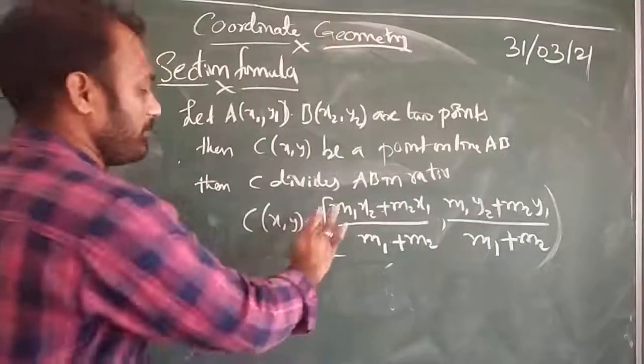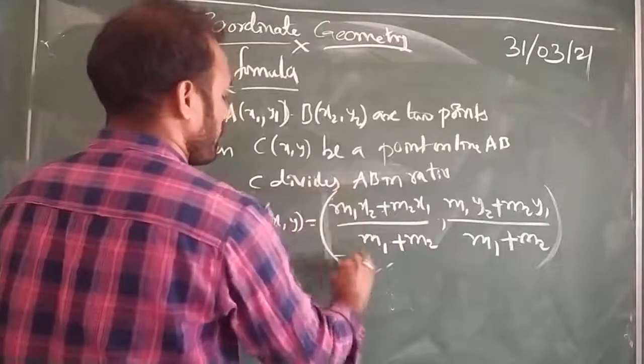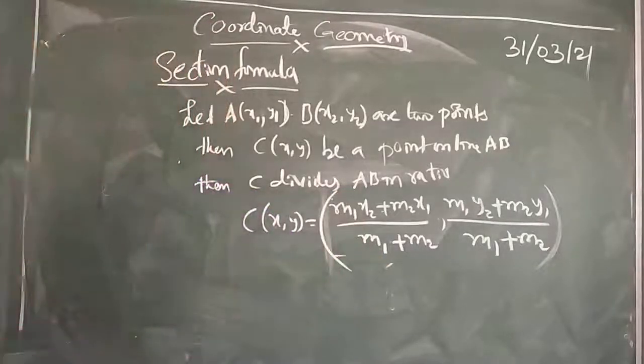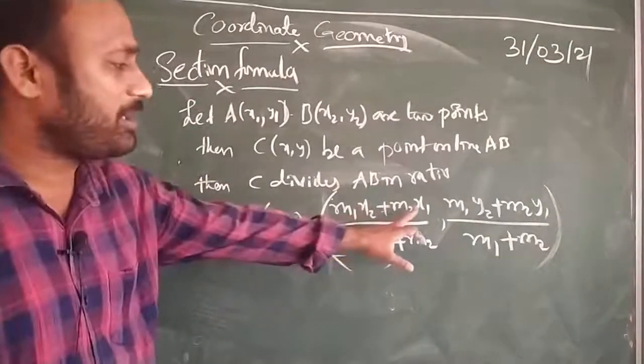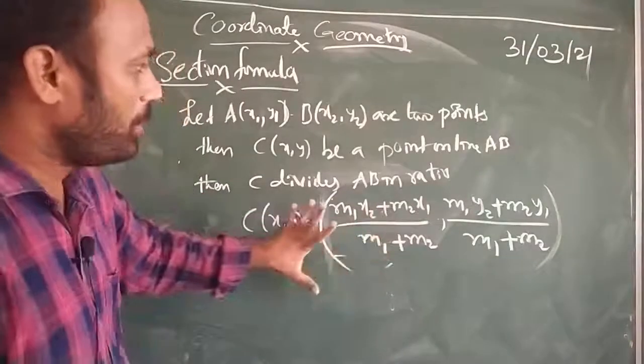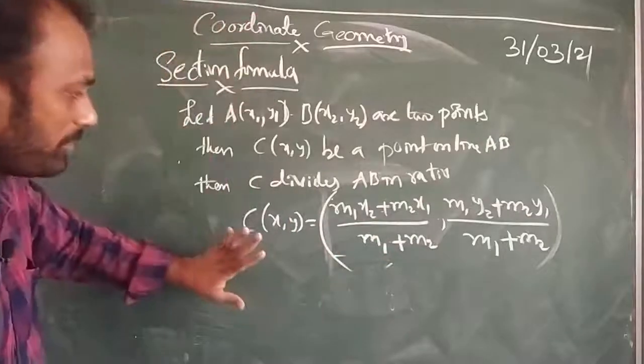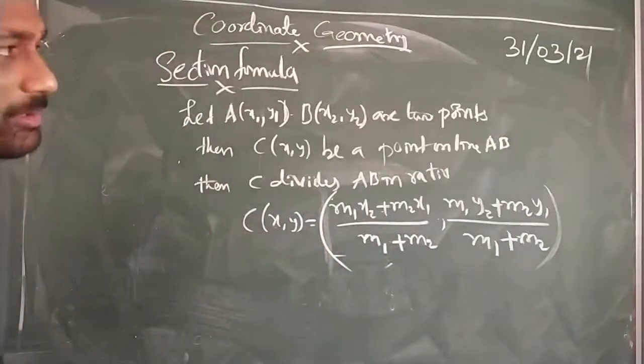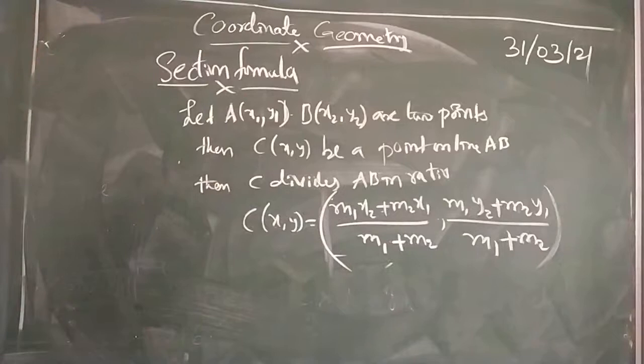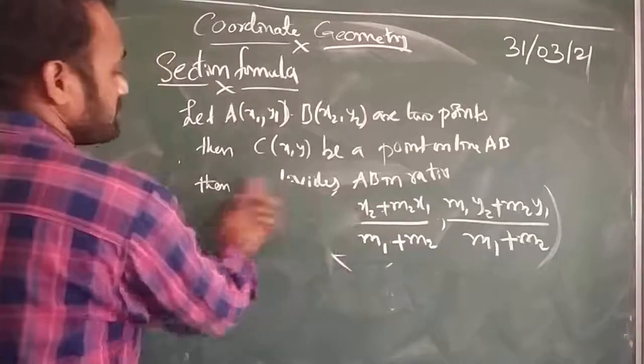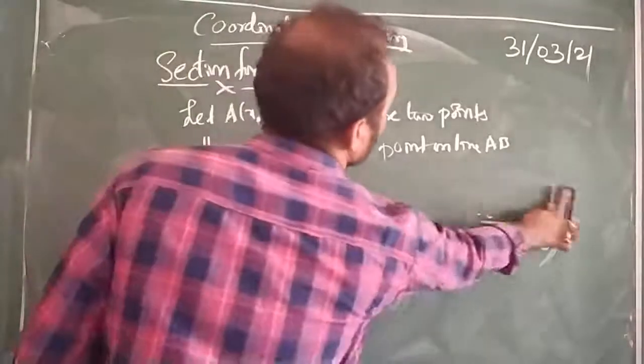So this is the section formula, where m1 and m2 stand for the ratio and x1, x2 and y1, y2 are the coordinates of the two given points. So we are going to get the third point if he is asking the ratio. Let us see one question based on this.